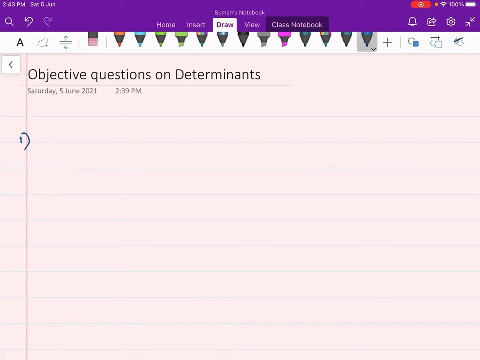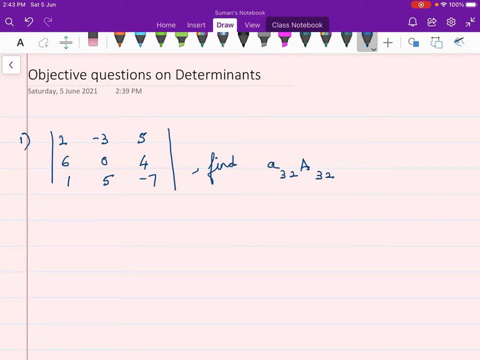So given this determinant, I assume that all of you know the basic properties of determinants. You have to find A32, capital A32. Now A32 is the third row, second column.